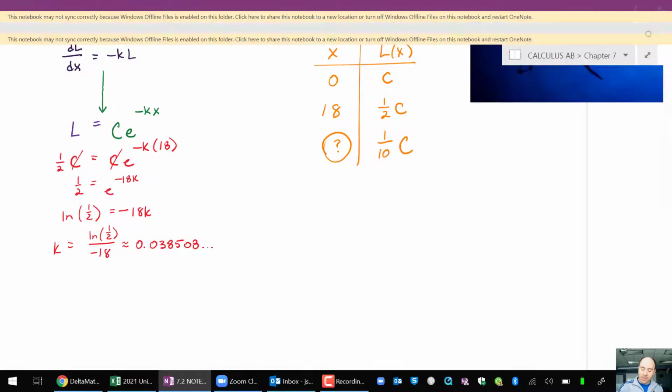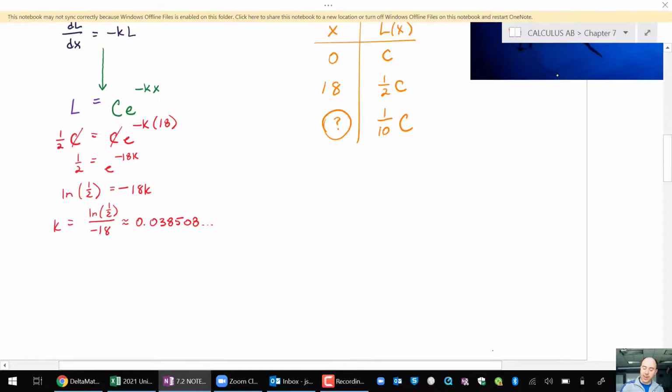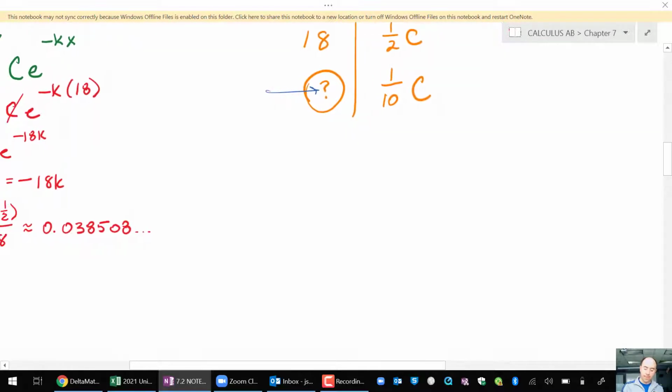But now we're going back to this table here, and the question said, how deep can we dive without worrying about that artificial light? So let's plug in 1/10 C into our equation. L, light intensity, equals C e to the power of negative 0.038508 times x.